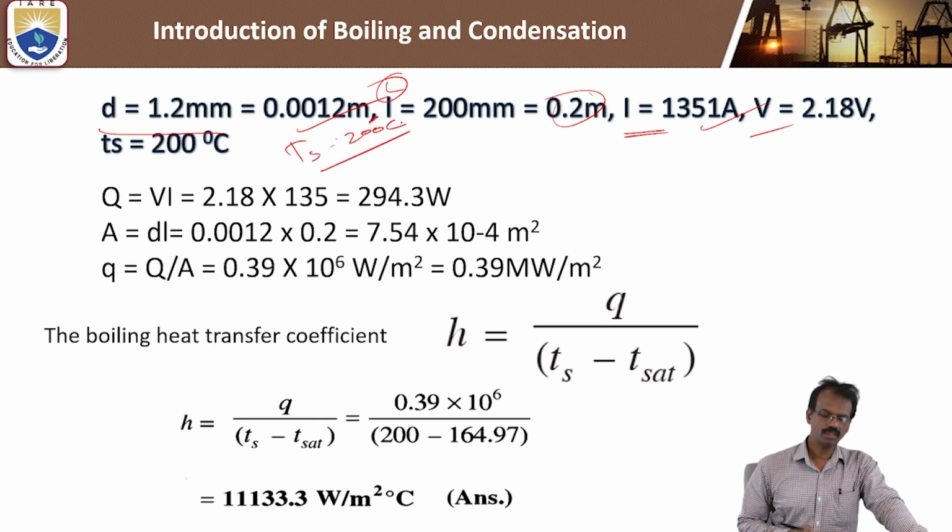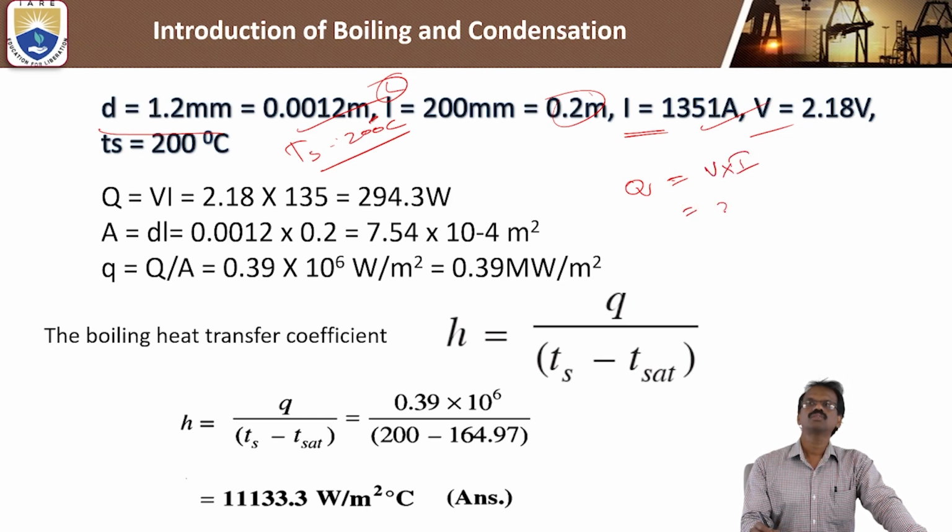This is the given data. First you have to find the rate of heat transfer Q, which is voltage into I: 2.18 into 135, which is 294.3 watts.